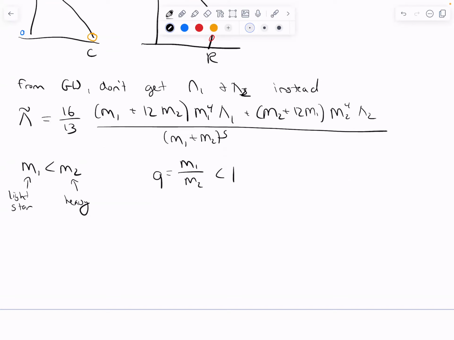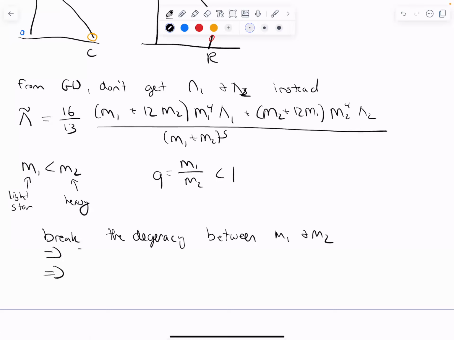So how do you actually break this degeneracy between M1 and M2? There's two ways you can do this. One, you pick an equation of state, or you pick many equations of state, and you compare to observational data.